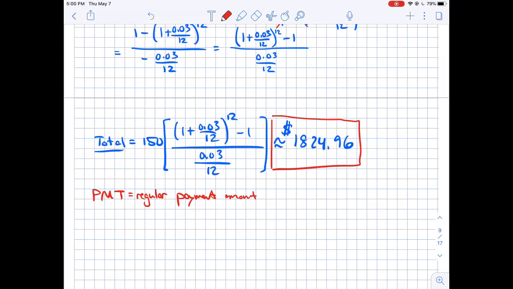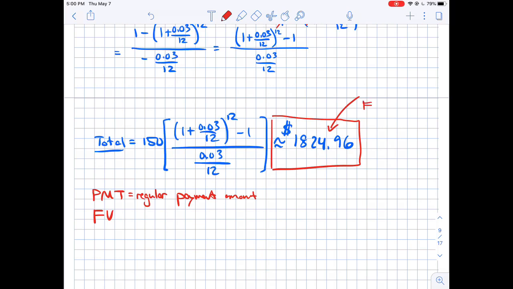We're also going to introduce FV, because this is going to be the future value. The future value of your annuity, in this case, is just how much was in there at the end of our 1 year, how much was in there at the end of T years.